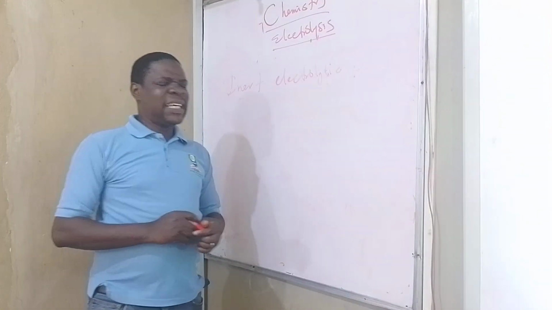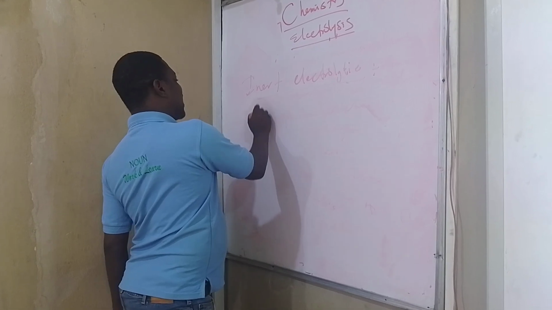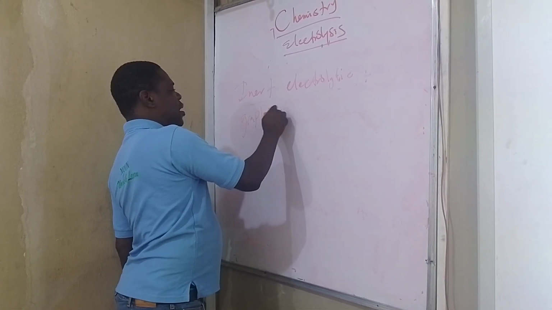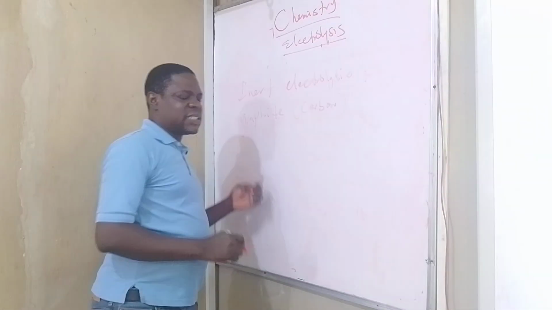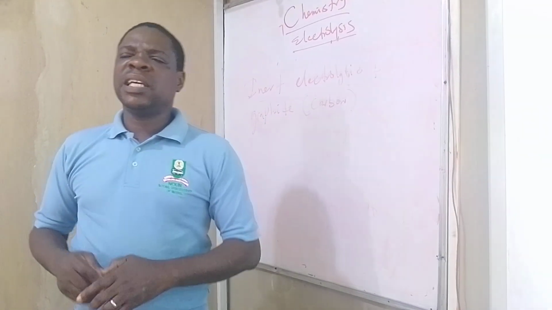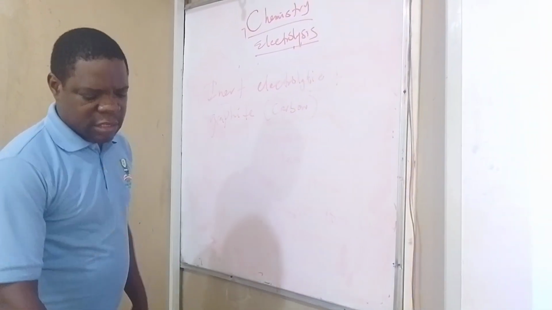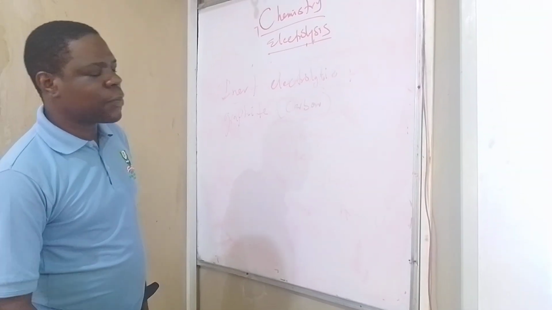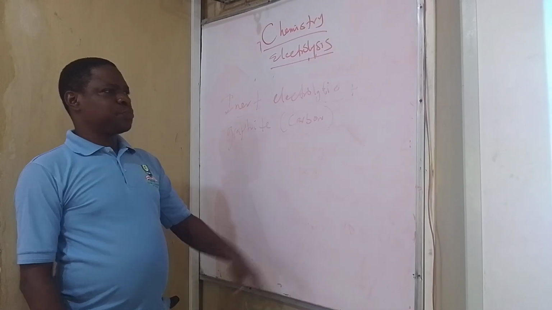We call them inert electrodes. An example of that is majorly graphite, which is a carbon electrode. They don't take part during the chemical reaction.